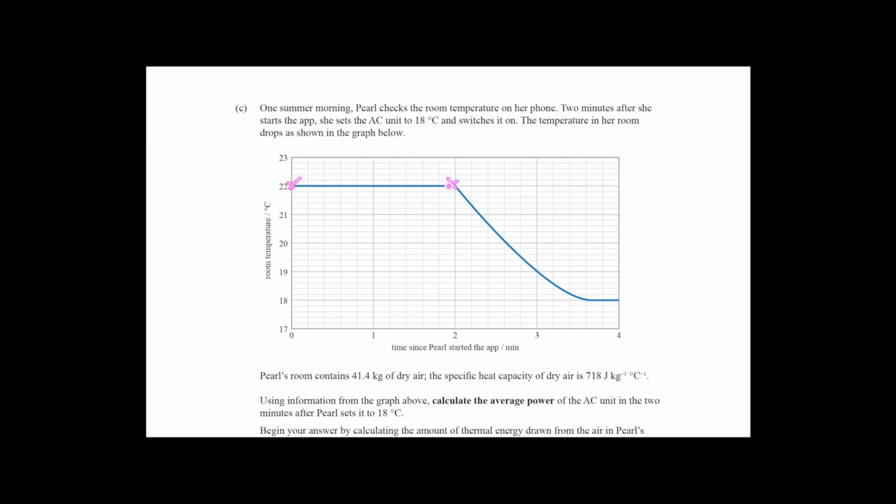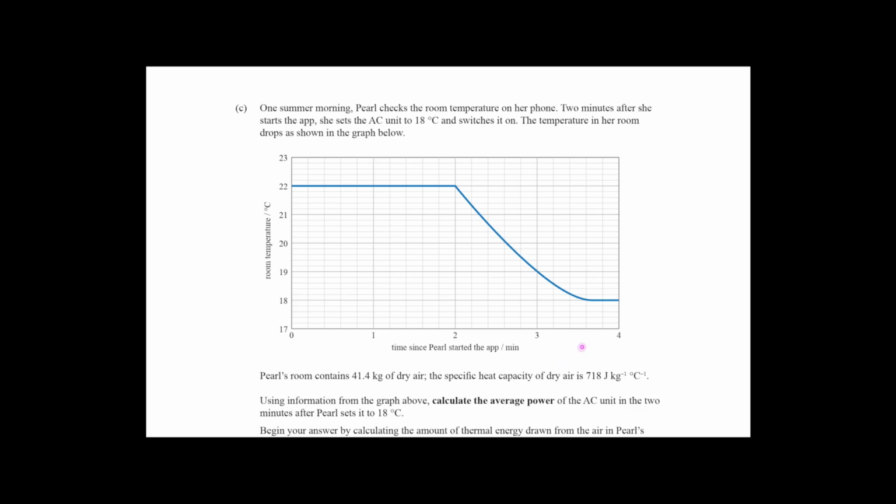The AC turns on and immediately starts lowering the temperature down here to 18. So you don't get a free lunch in physics. The air conditioner has to do work. So in order to take energy out of the air, it's got to use energy to do that work. So this is what they're going to be asking us to do now.